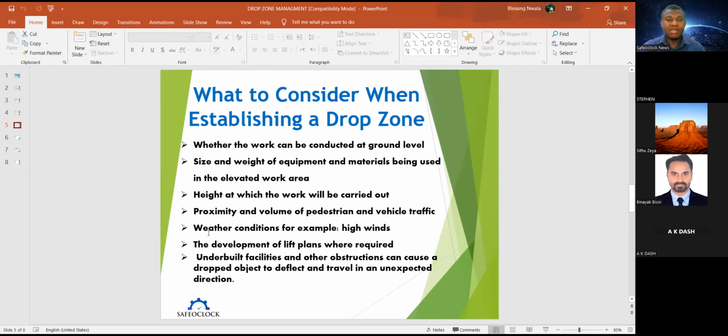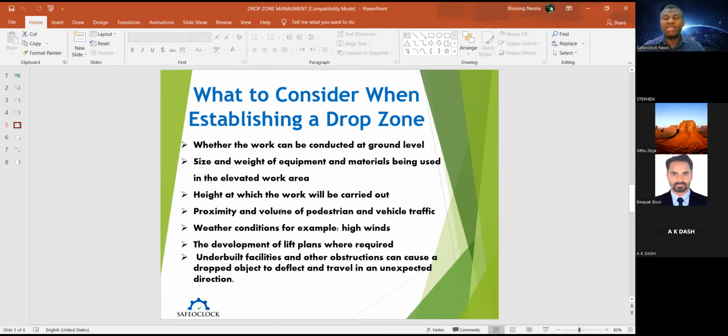Okay, then the other thing that you should consider is the lift plan, if the lift plan actually took into consideration the environmental factors. Okay, the other thing that also needs to be considered is if there are facilities under where this job is being done.